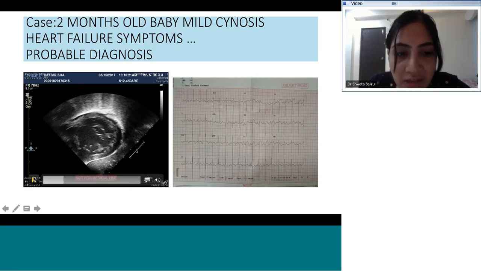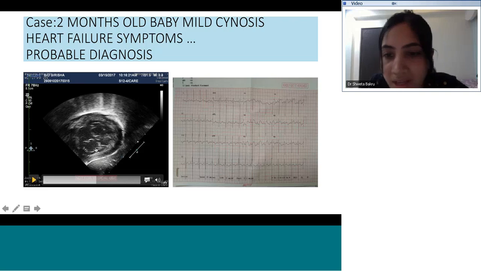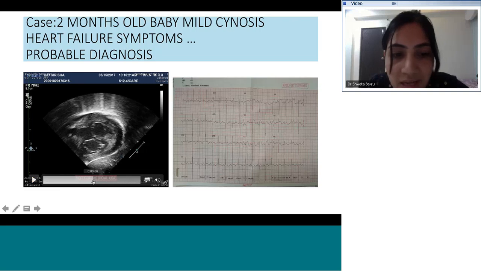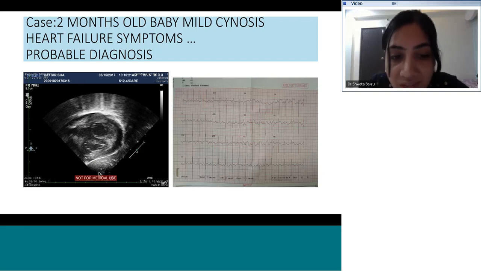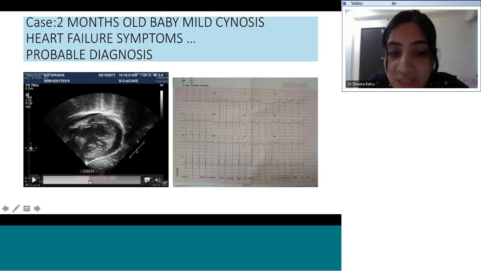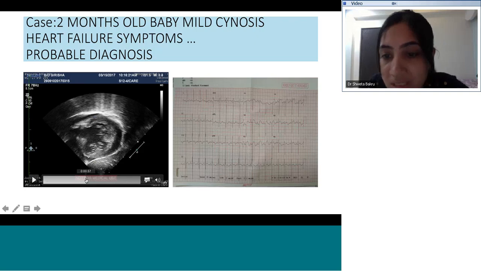I will just stop here. In this view, we can see beautifully that there are 2 AV valves. As I said, it can be any view, but in the exam, there are 2 separate AV valves very nicely seen here. So it is not a common AV valve.